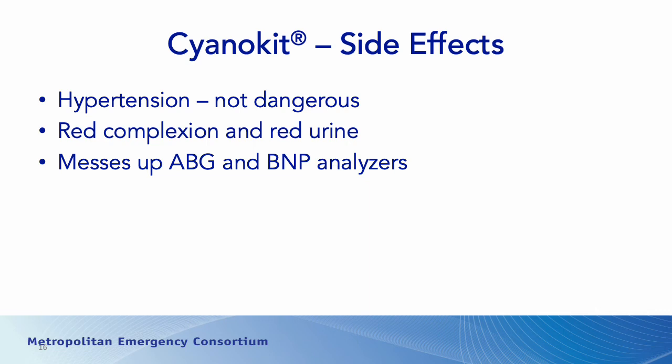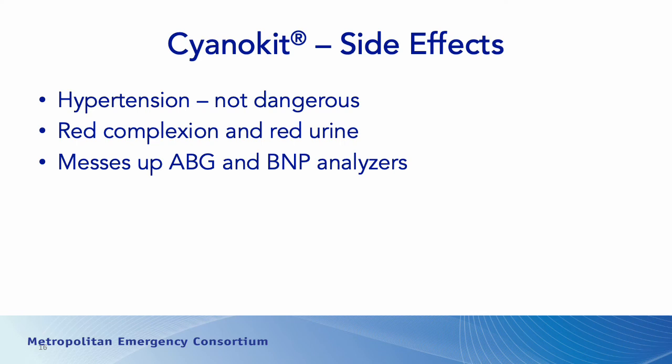The last thing that we have to be aware of is that it can mess up lab analyzers or any analyzers that are using photometrics in order to make calculations. So blood gas analyzers to measure the patient's chemistries, like a basic metabolic panel.